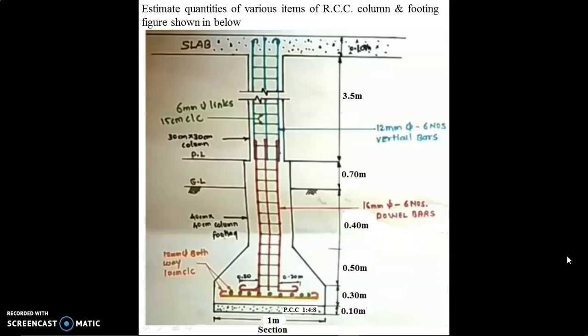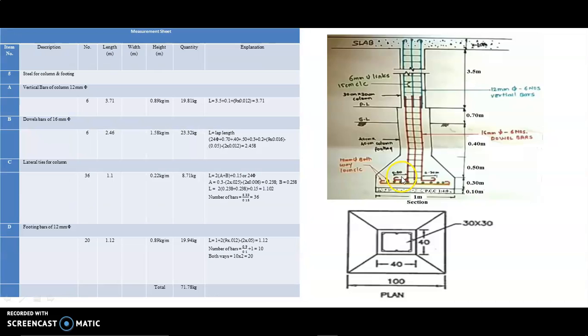In today's lecture, we find the quantity of steel. For finding the quantity of steel, we make a measurement sheet, and with the help of this measurement sheet, we find the quantities.